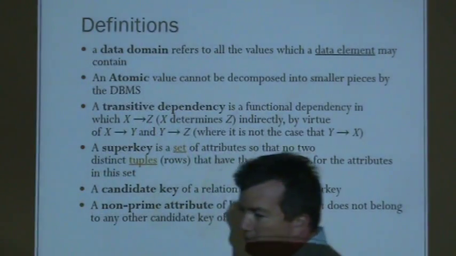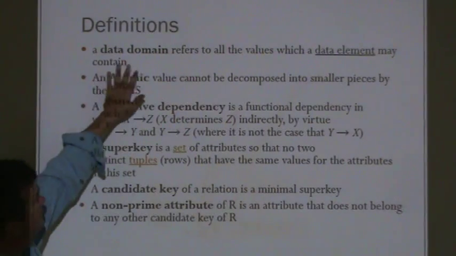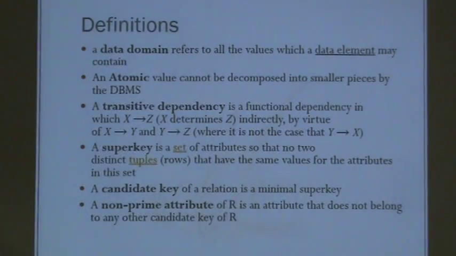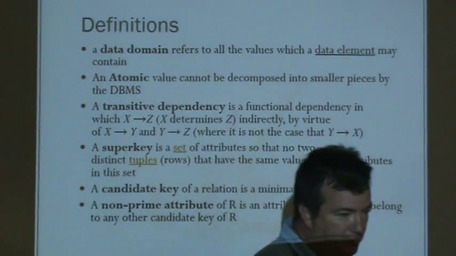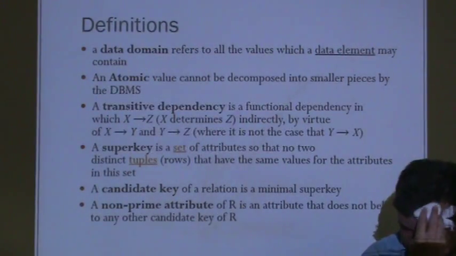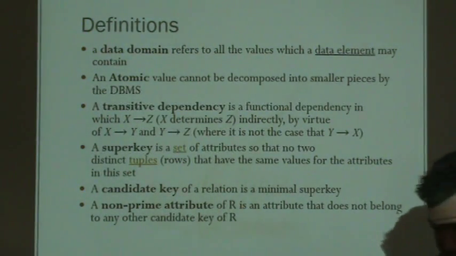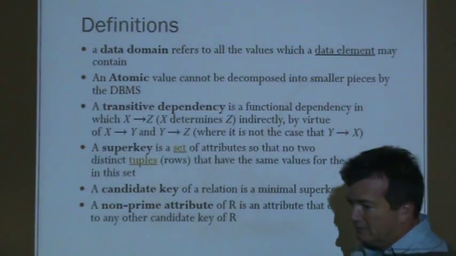So before we go over the normal forms, maybe it'd be a good time to do a little refresher on topics we've talked about in the past. For example, the data domain of a value refers to the type of data that a field can hold. So for example, if you have a phone number, it could be 10 digits or whatever the definition is for that field.